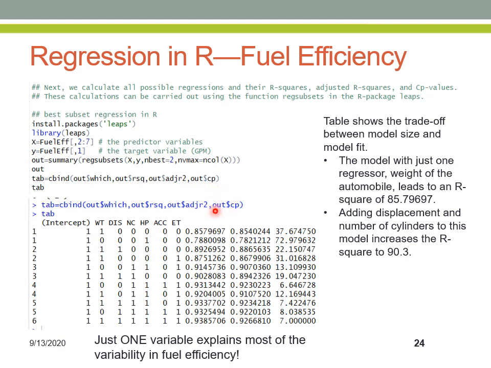This gives us this regsubsets table with the intercept and with the independent variables horizontally, and with the number of variables that could be in our regression equation. Here it is displayed vertically, and 6 is of course all of the variables.